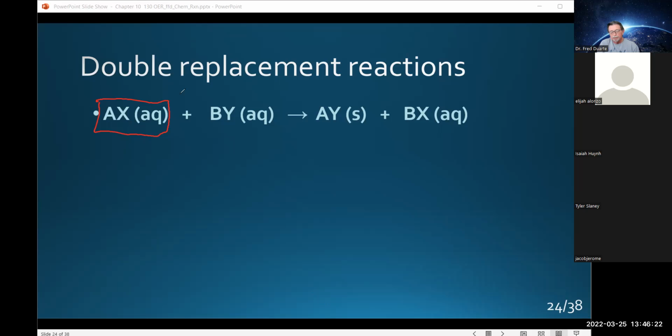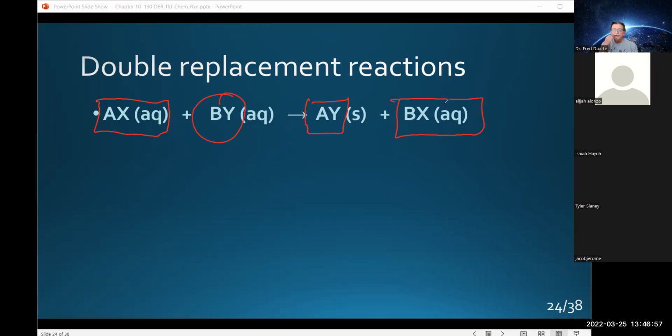And so when it breaks apart, it's going to create the ions A and X, whatever the charge may be, A positive, X negative, whichever. As far as the quantity, I don't know, because these are generic examples. So the BY is also aqueous and soluble in water. And they also dissolve into the ions, and then they have a partner change. So the AX becomes AY, and the BY becomes BX.